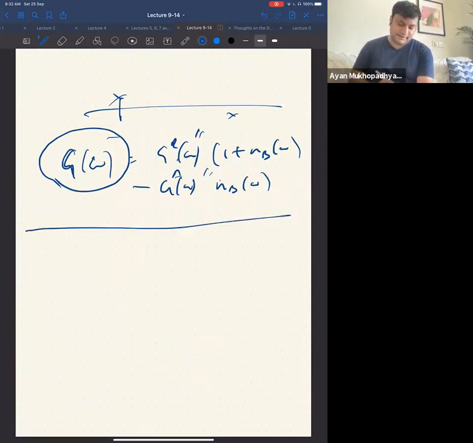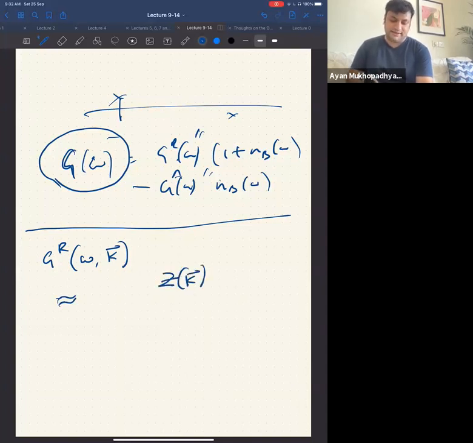So we said that G^R(omega, K) in any interacting theory should take the following structure. There should be a quasi-particle pole weight, called the residue of the pole, which is positive, and it also satisfies the identity 0 ≤ Z ≤ 1. I said I'll give a proof of this.